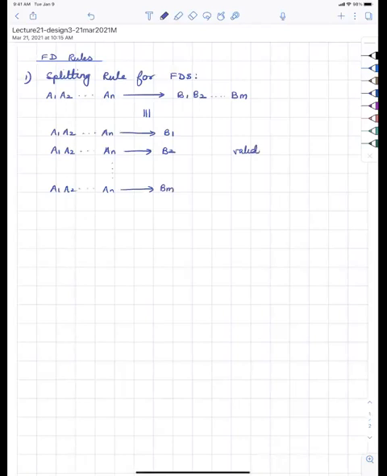But if you write down AI, let's say, determines B1, B2, so on to BM, or you say that AI determines, say, BJ. If you say first name determines address or something like that, that is not necessarily valid.